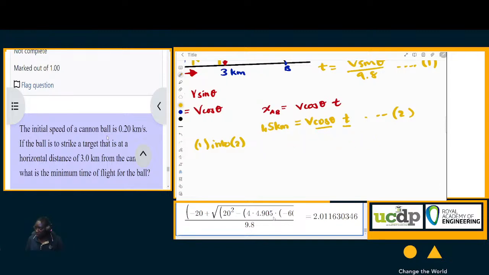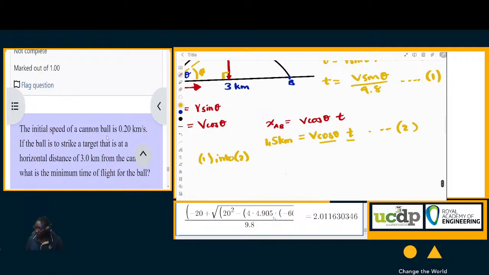So we're saying V cos theta times T, then V sine theta. Oh, it's two unknowns. Okay, I think it's fine.